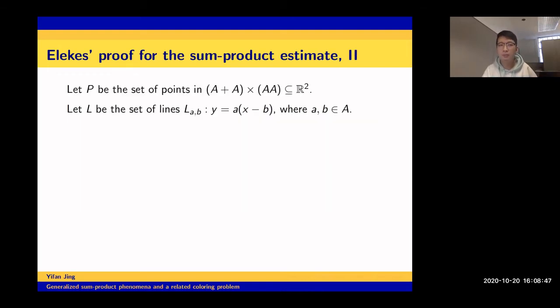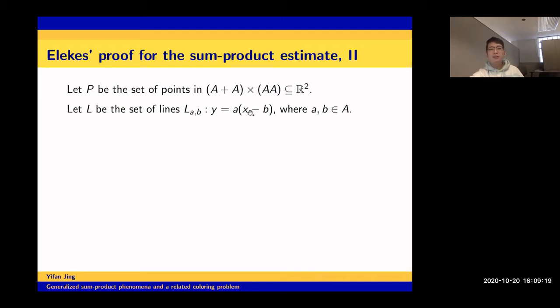It's actually pretty short. We consider P as a collection of points containing all the points in A plus A times A. So you can see this is a subset of R squared. And then let L be the collection of lines L_{a,b}, defined as y equals a times x minus b, where a, b are elements in A. Why do we define points and lines like this?